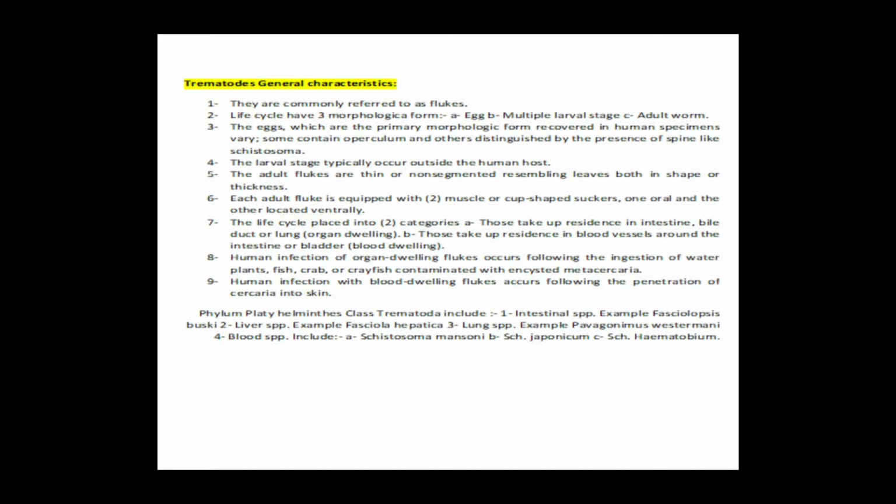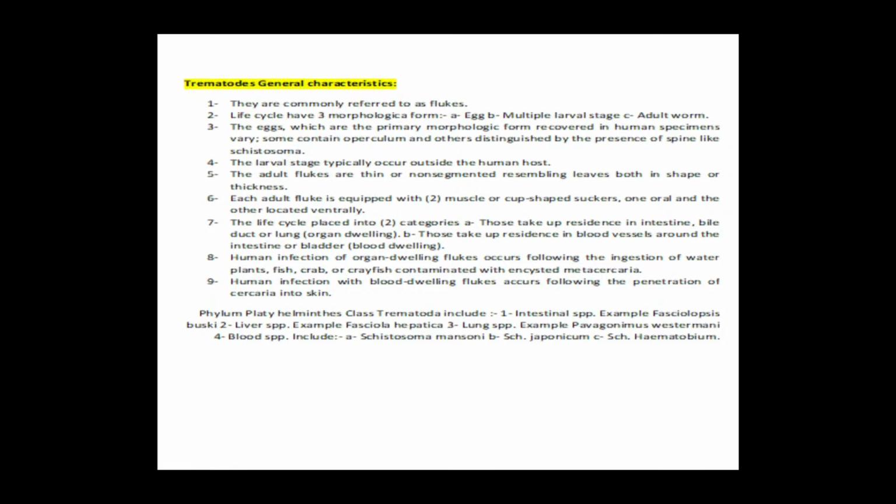Some contain an operculum, a cover-like lid, and others are distinguished by the presence of spines, like the Schistosoma group, the blood flukes. Another criterion is that the larval stage typically occurs outside the human host. Also, the adult flukes are thin and non-segmented, resembling leaves both in shape and thickness.